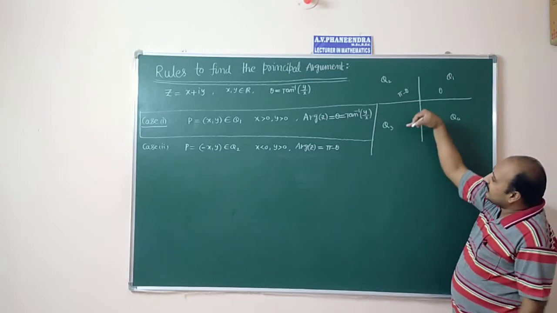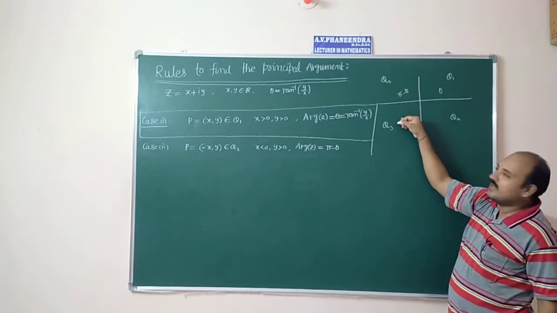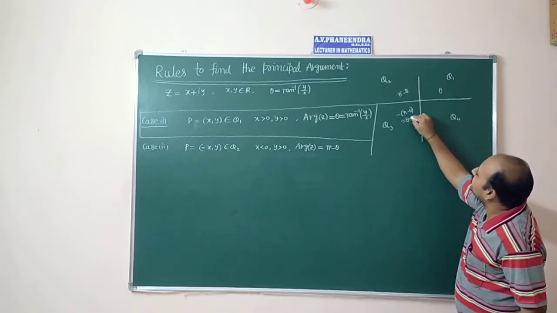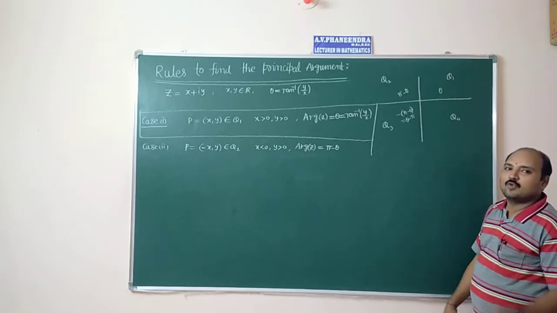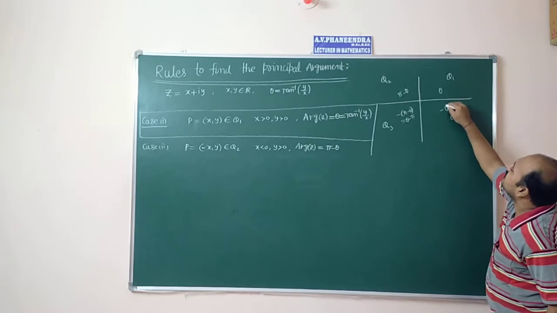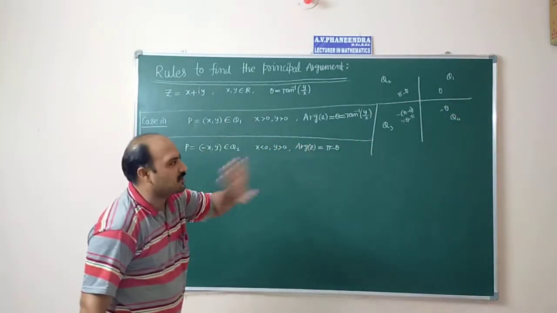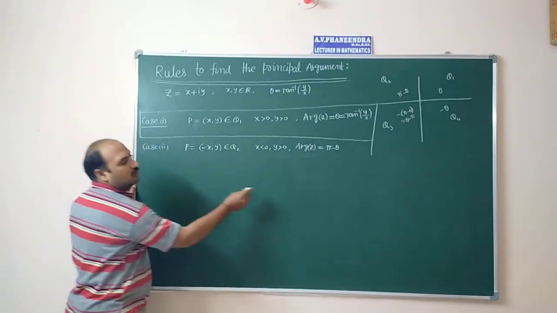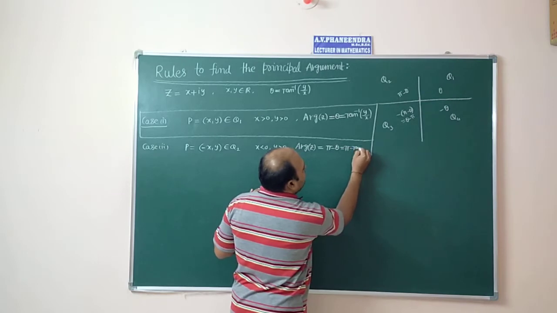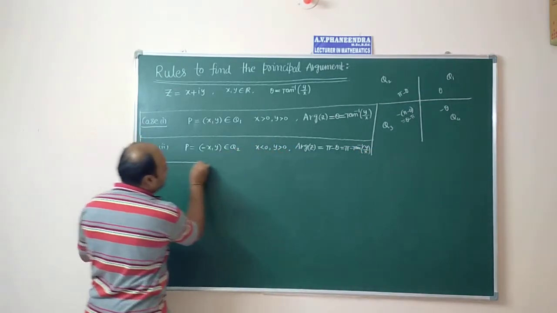For Q3, this is exactly the opposite, that means the image, so minus of pi minus theta, that means theta minus pi. For the fourth quadrant argument, here theta becomes minus theta. That logic you have to understand. Pi minus theta equals pi minus tan inverse of y by x. This is the second case.